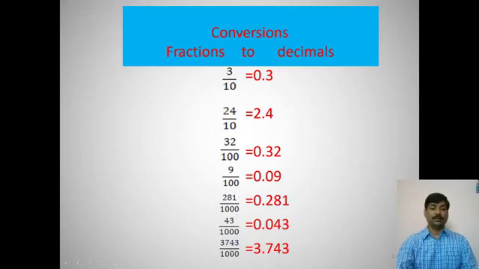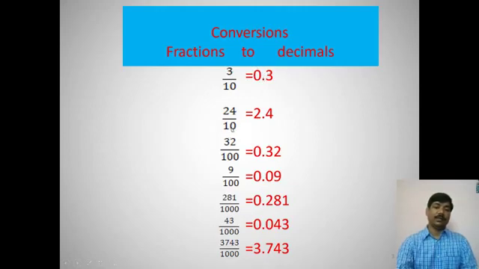All these are fractions, and we convert them into decimal. How do we write in decimal? It is divided by 10, so the numerator will be at the tenths place. It means 0.3.